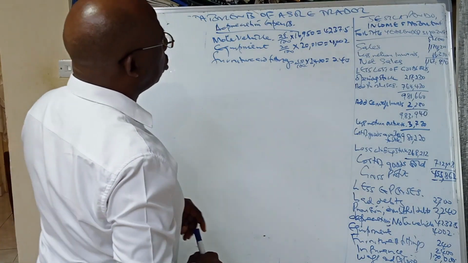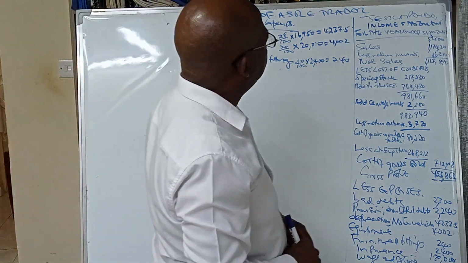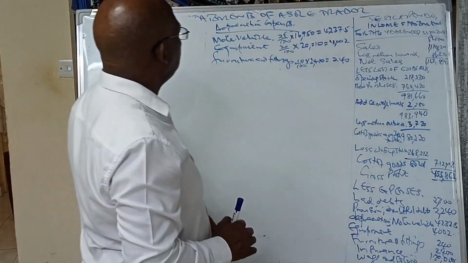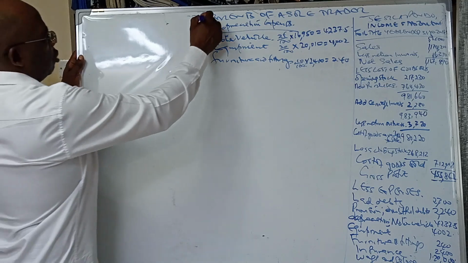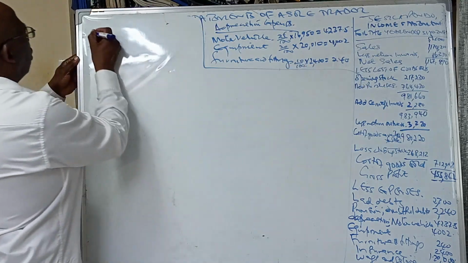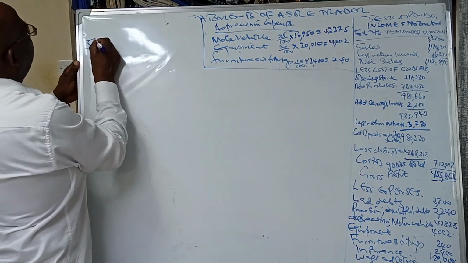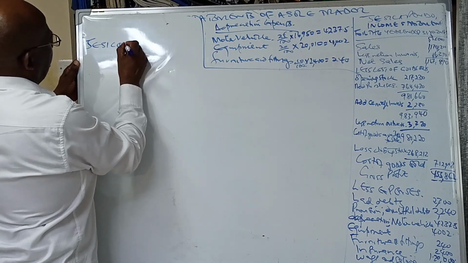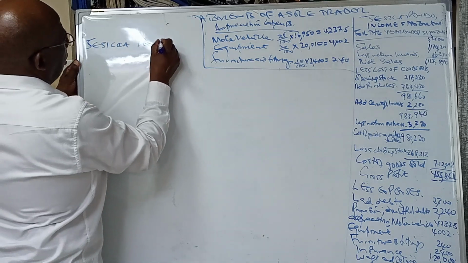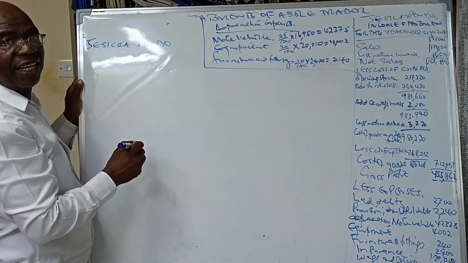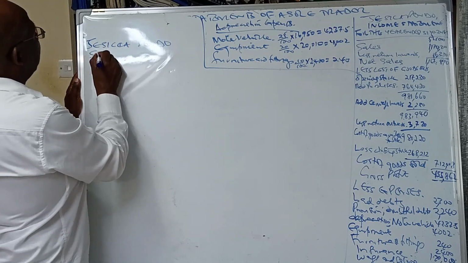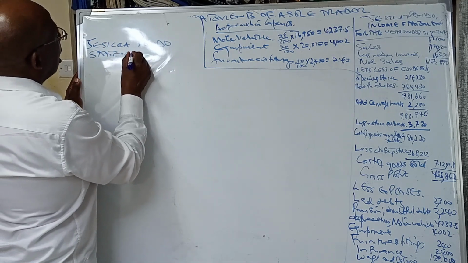So we will go to Jessica Pendo. Please see the way we write the title. We call it Jessica Pendo, statement of financial position.